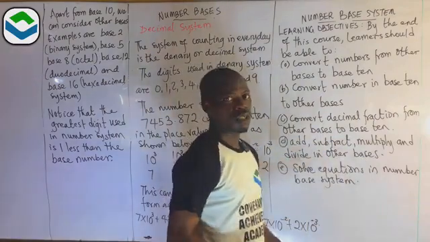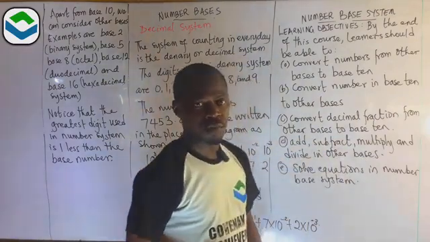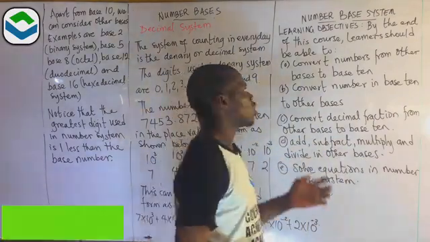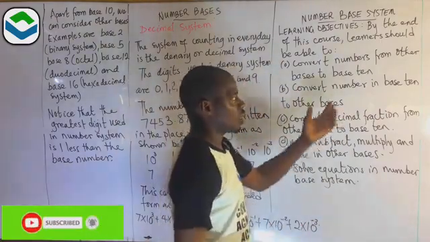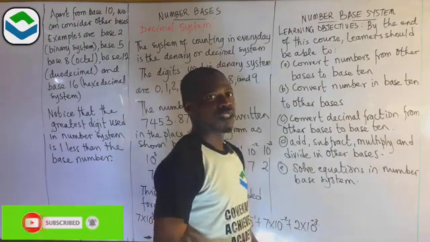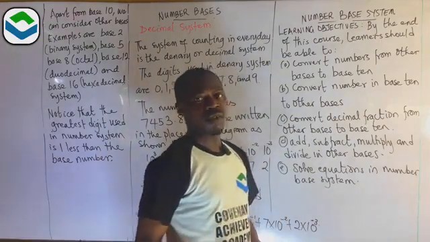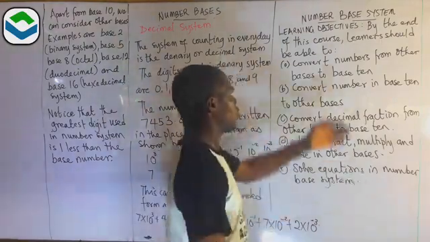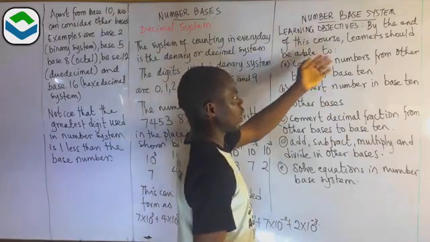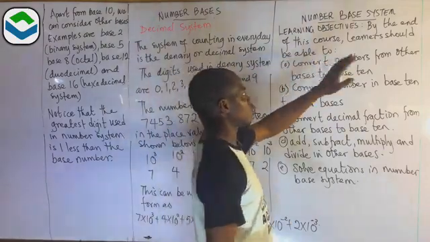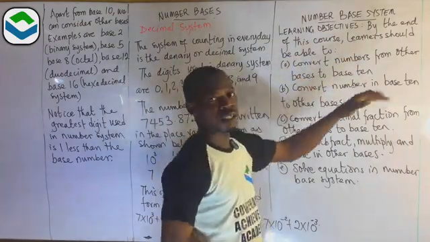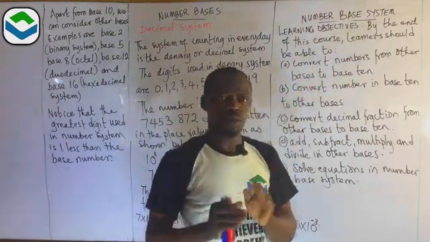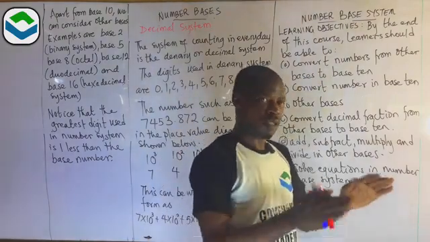Now, we are going to consider the first aspect as you have it in the syllabus. According to the syllabus, the first topic is number-based system. Under the number-based system, these are the various objectives that we need to consider. By the end of this course, learners should be able to convert numbers from other bases to base 10, which is the standard base.